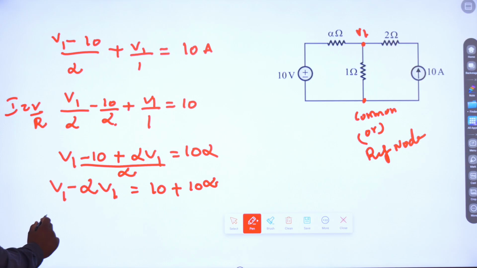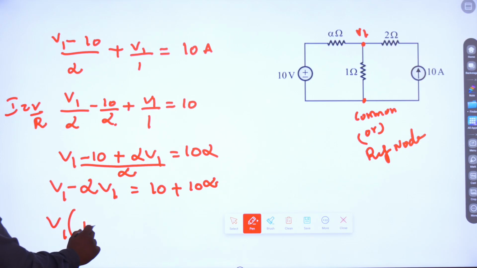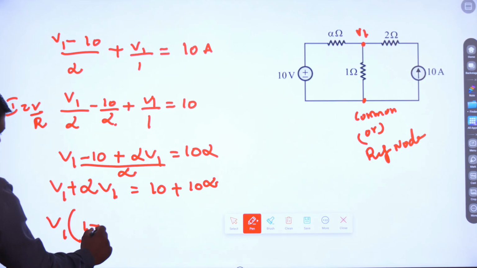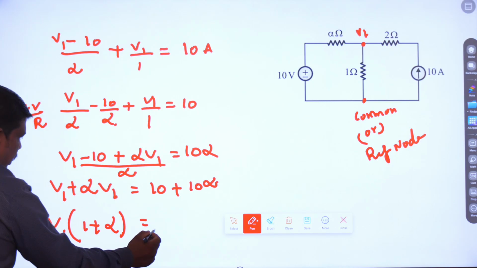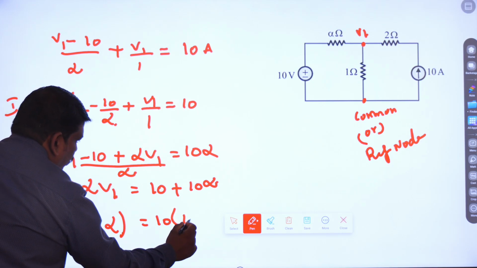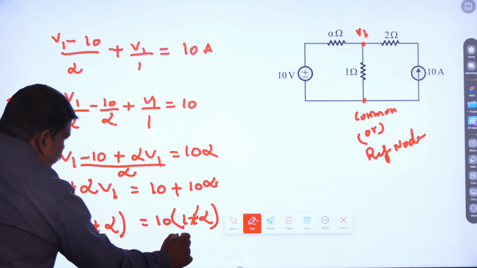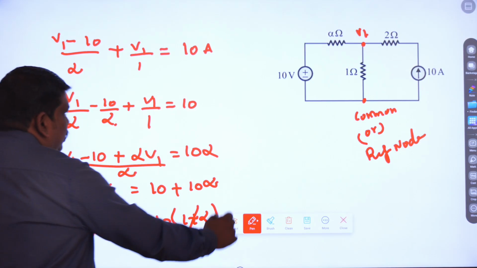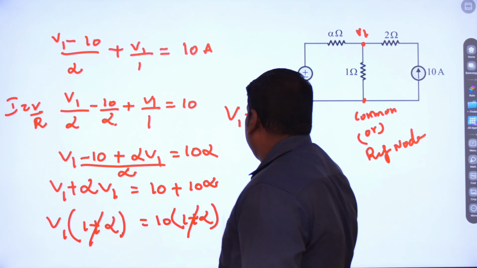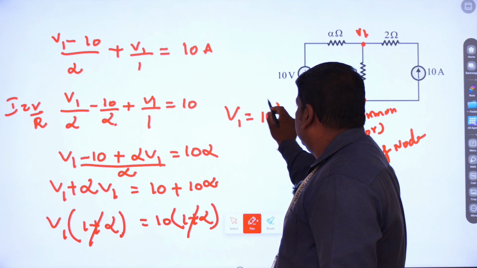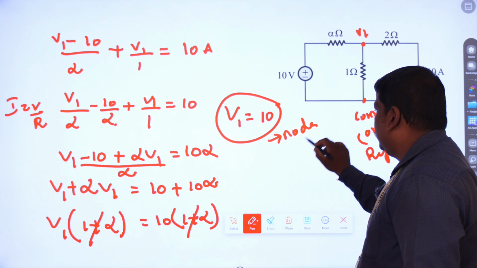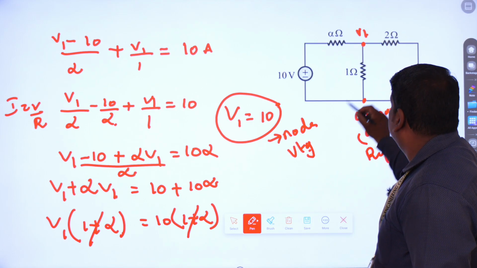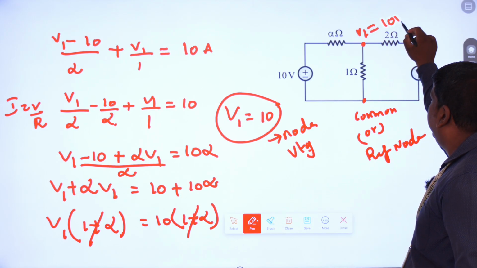If you simplify this again, we can take V1 out, (1 plus alpha), which is equal to, if you take 10 common, 10 (1 plus alpha). This 1 plus alpha gets cancelled, so V1 is equal to 10. So this is the node voltage: V1 is equal to 10 volt.